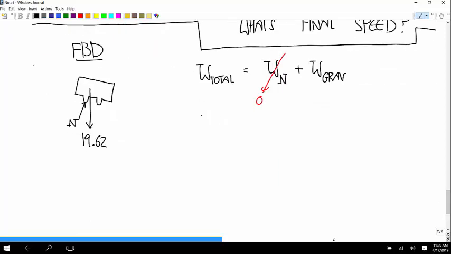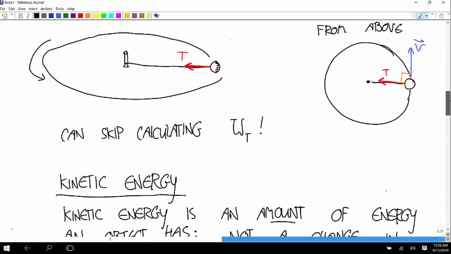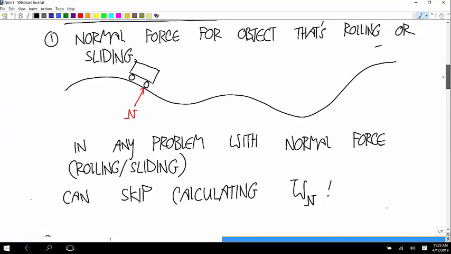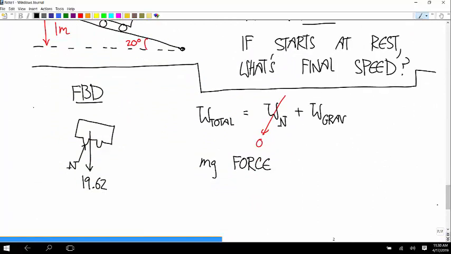The weight force, that was this stuff. So in rolling or sliding problems, the work done by the normal force is always 0. Okay, so the weight force is constant.